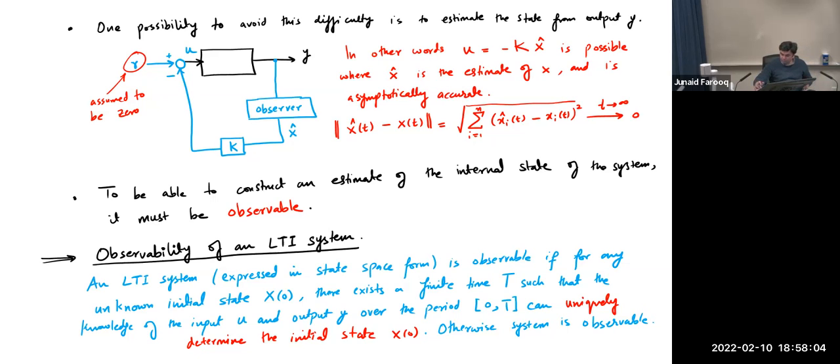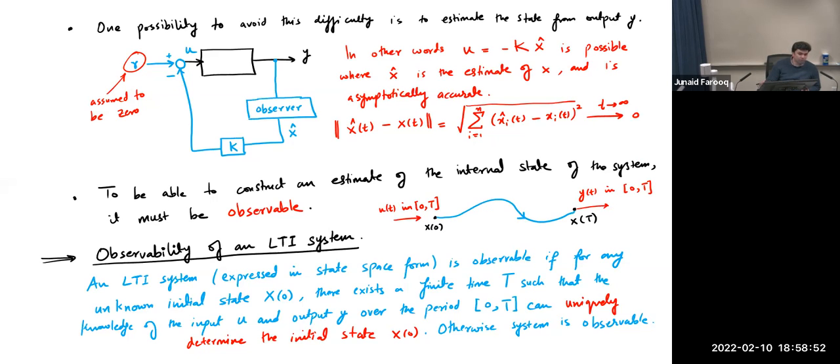So I can draw a diagram here, meaning that if there is an x0 and there is an x at final time t, and you know what the input is in the interval 0 to t, and you know what the output is in 0 to t, then you can actually uniquely determine what the state was in the middle.